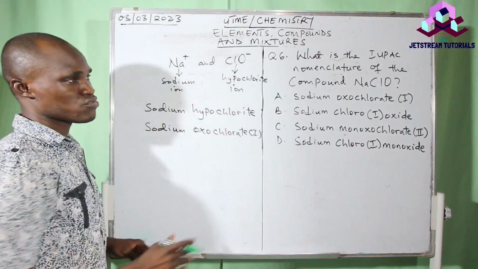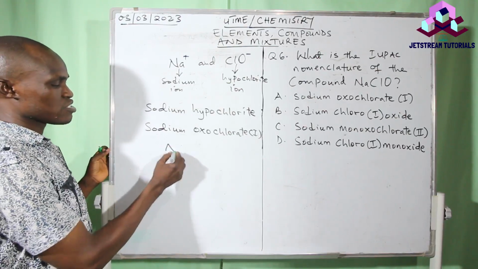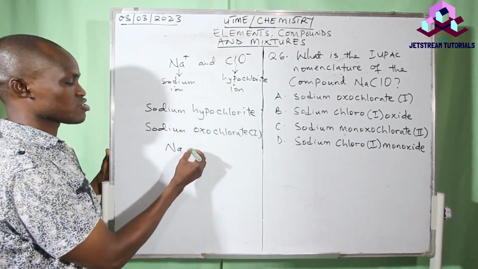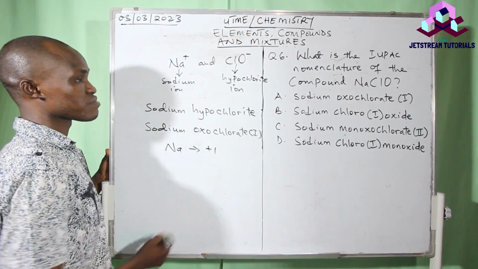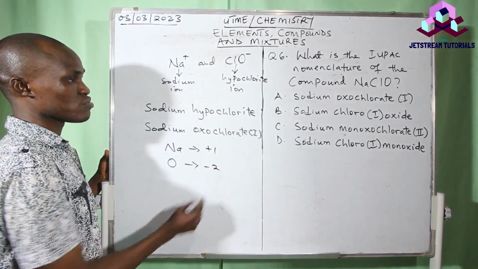In order to be safe from such confusion, you first calculate the oxidation state of chlorine in the compound. Sodium has an oxidation state of +1, and oxygen has an oxidation state of -2. To calculate the oxidation state of chlorine, you have +1 plus chlorine plus -2 equals 0, since it is a neutral compound. So chlorine will be -1 plus 2, which is +1.